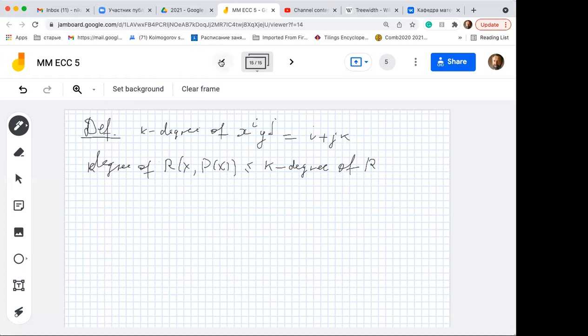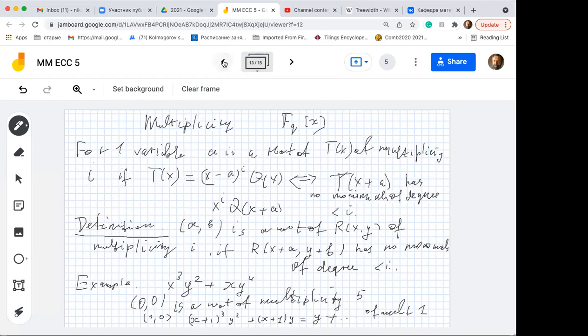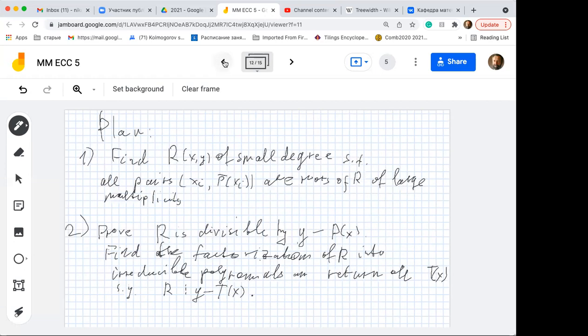And so, first of all, we need to prove some lemma stating that under certain conditions on the multiplicity and k-degree, we have such a polynomial of small k-degree such that all given pairs are its roots of large multiplicity.